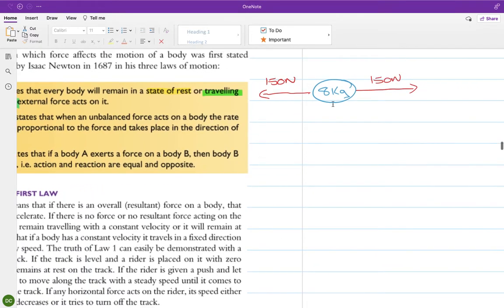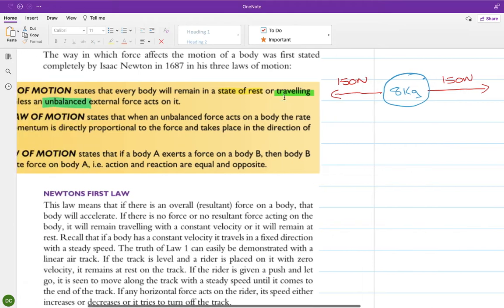So if this is sitting flat on the ground and I'm pulling at this side and someone else is pulling at this side and random person number 3 arrives and starts pulling with 100 newtons, that's now unbalanced. Will it now move with a constant velocity, or will it stay at rest? No, it won't. That's going to get it moving. So that's what that one is about.